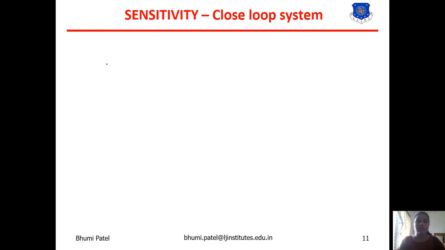In the sensitivity for the closed loop system, we always consider the magnitude of the sensitivity. So if H changes by 10%, at that time T changes by the same 10%.